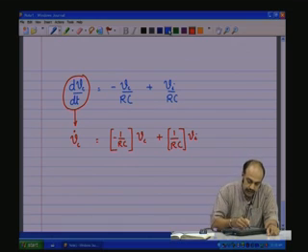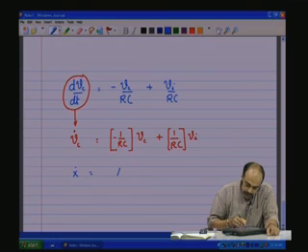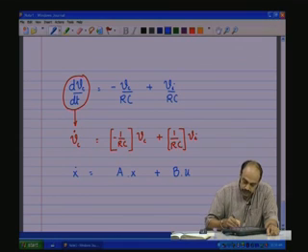Now compare this with the standard form, x dot equals A x plus B u. There is a one-to-one correspondence between these two.